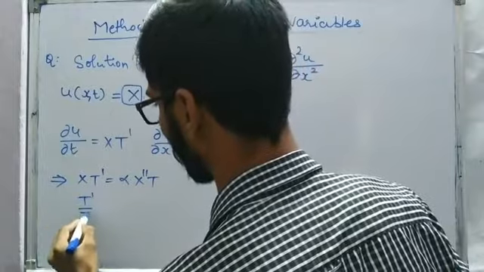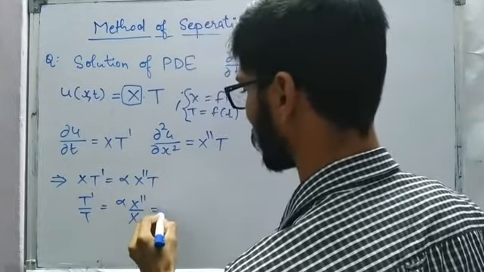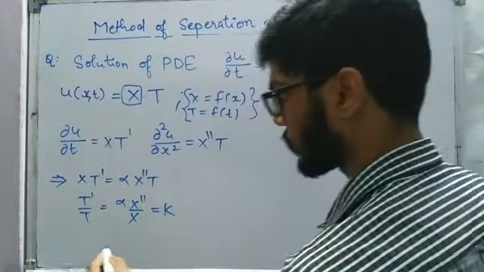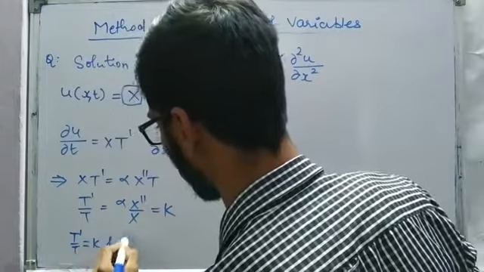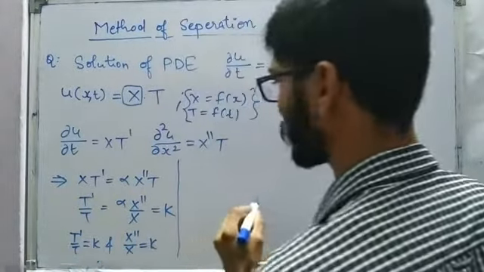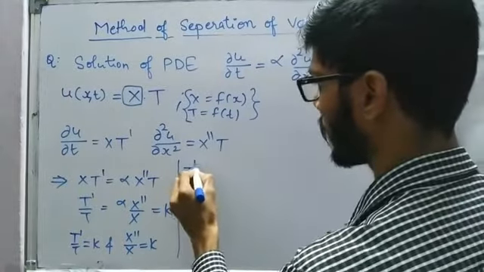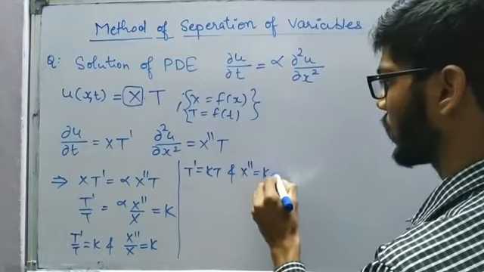So this will be T dash by T is equal to alpha into X double dash by X, and now assume it is equal to k. So separate: T dash by T is equal to k and X double dash by X is equal to k, and if you solve it further, we are going to have T dash equal to kT and X double dash equal to kX.